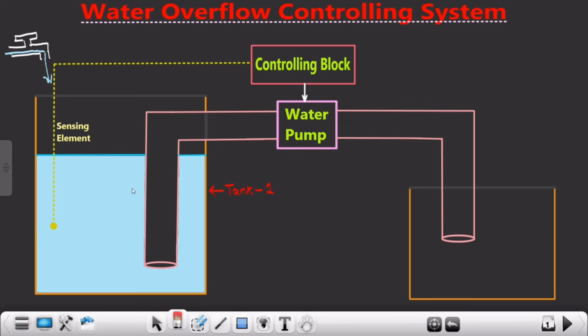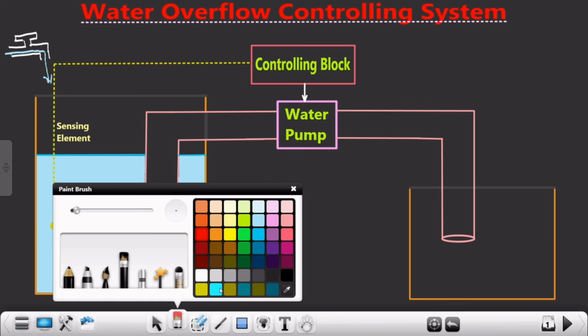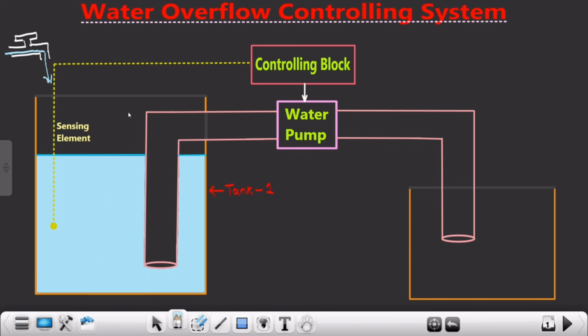And let's assume we don't have any controlling system, so the water may get filled till this particular point, up till the brim of the tank. And once it gets filled up till this point, the next step would be that the water will overflow, or the overflow of the water may start from tank one.